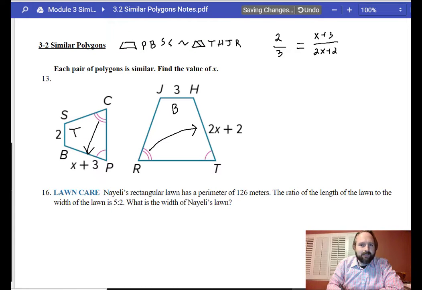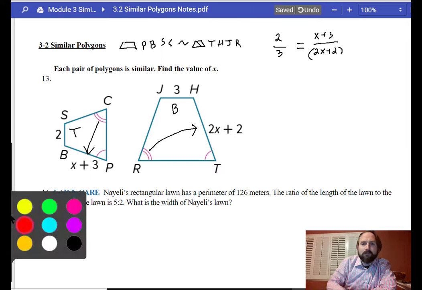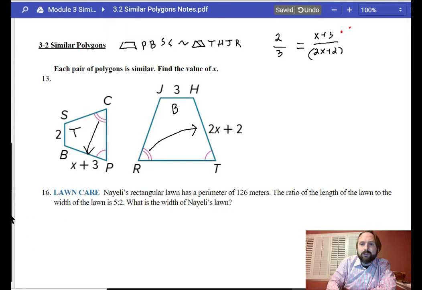Well, I need to get rid of this right here. So what I can do is the cross product, or I can do the simple multiply equations right here. So I want to get rid of this guy on the bottom. How do I get rid of this guy? Well, he's dividing. So I'm going to multiply by 2x plus 2.